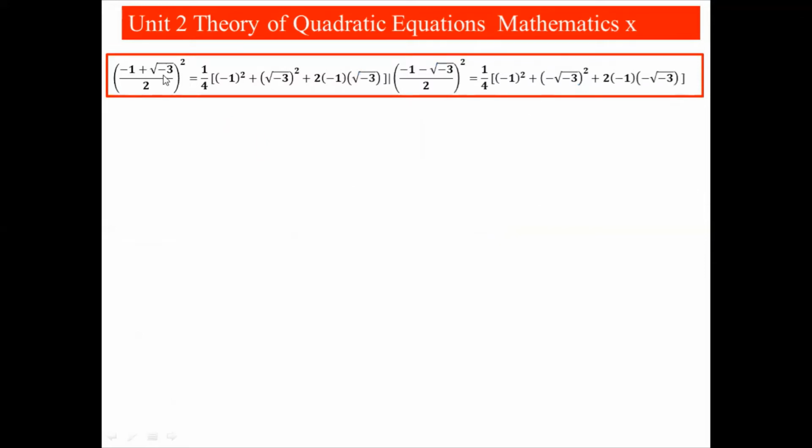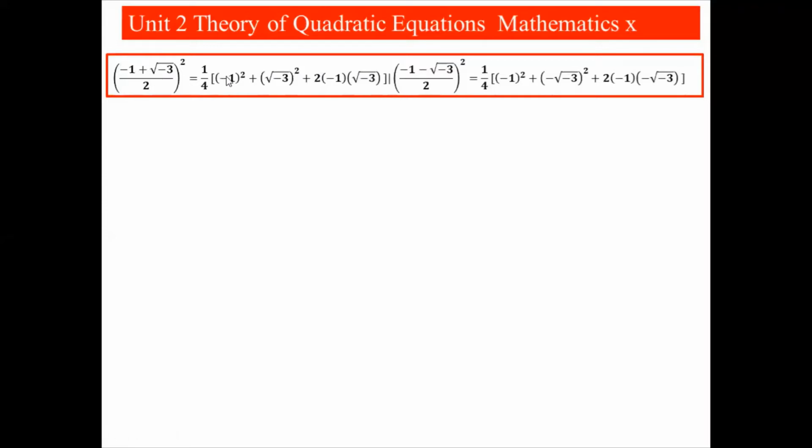So, just squaring: when we take the square of 1 by 2, we have 1 by 4, and for the numerator we have to use the formula of (a + b) whole square. Here a is -1 and b is equal to square root of -3. So (a + b) whole square is equal to a square plus b square plus 2ab.